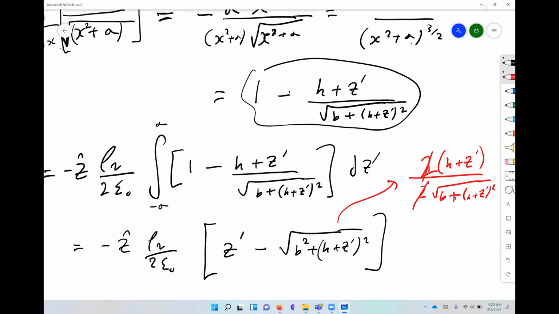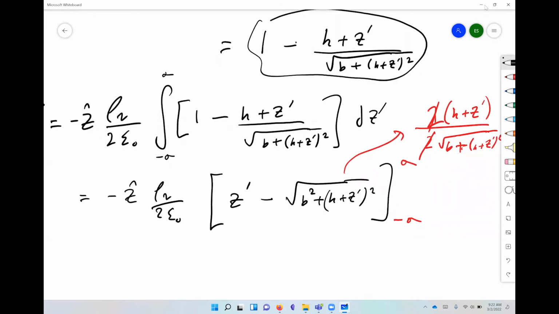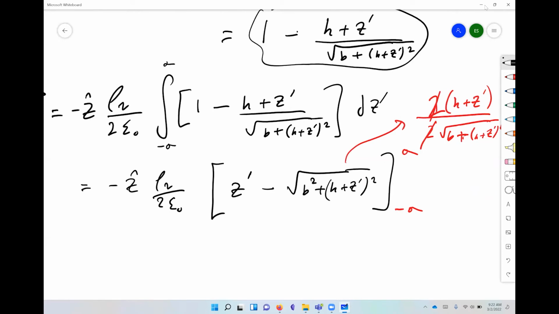I guess the book went to some computer software and it spit out something that cancels out with logarithms. But this is a really easy integral to find. And this goes from minus A to A. And just plug in the answer. So E ends up being minus Z prime rho V over 2 epsilon naught.